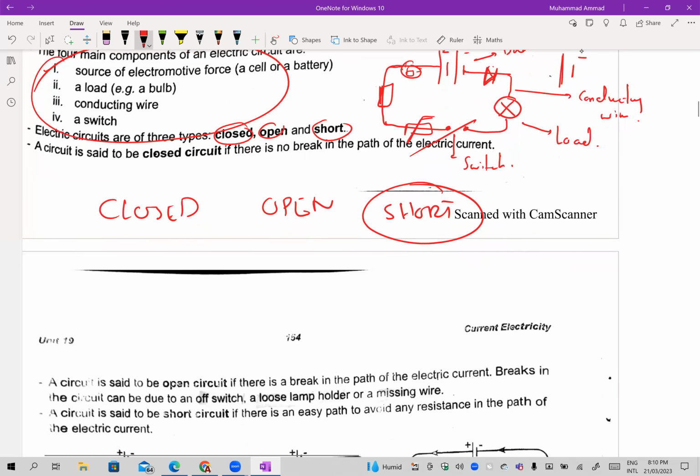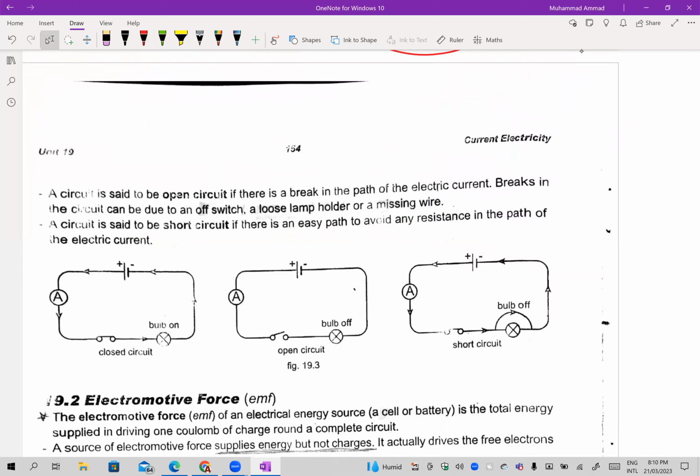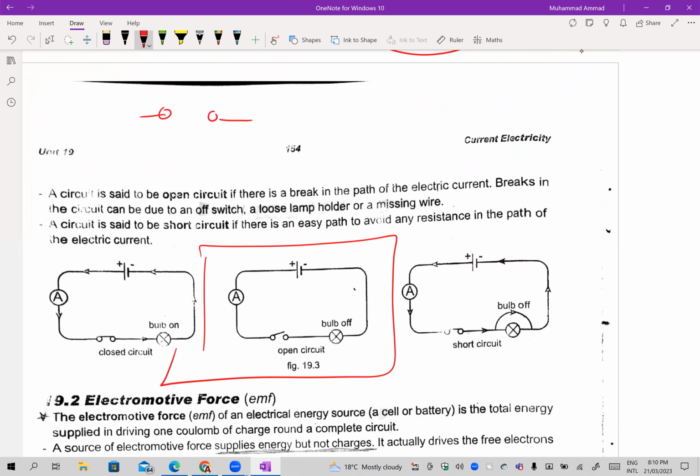All right, look at these three diagrams here. A circuit is said to be an open circuit if there is a break in the path. This is an open circuit. The switch is open. You see, a switch like this is an open switch, and a switch like this is a closed switch.